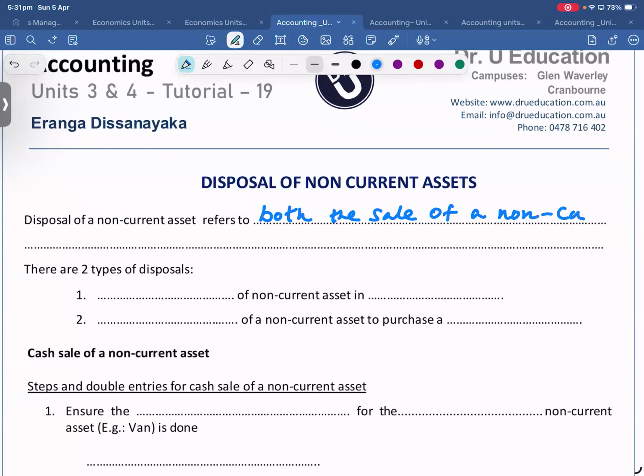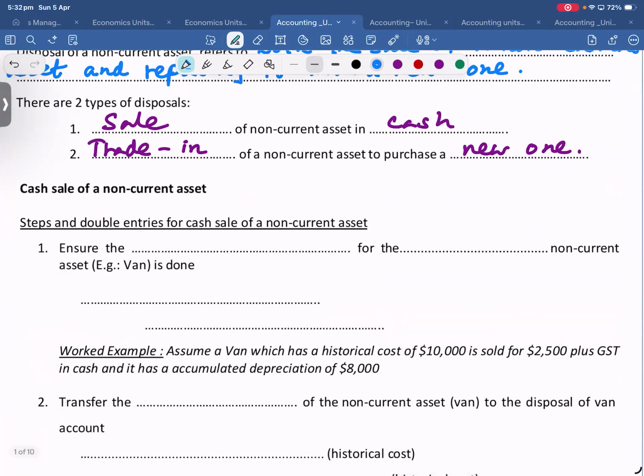First step is to ensure this is actually not a part of the disposal, but this is a prerequisite. Okay, this is not a step in disposal, but a prerequisite.